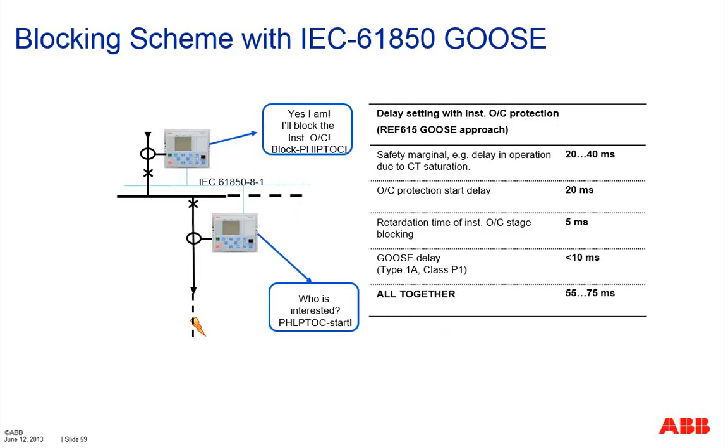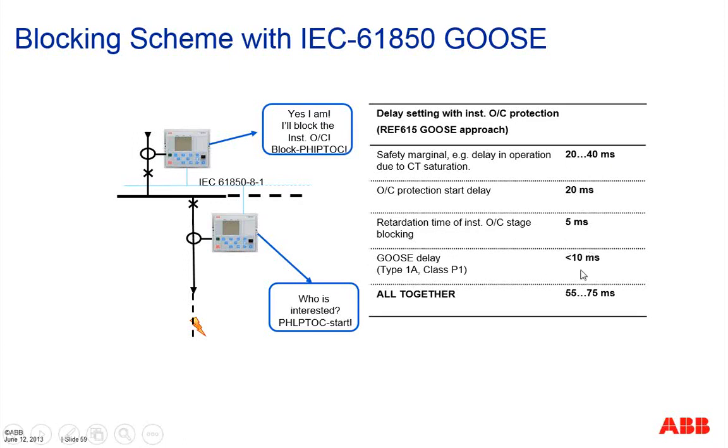The consideration is still the same. However, because it's not hardwired, you don't go through the mechanical I/O module, the binary input and binary output modules. You don't need to wait for the debouncing time or the contact closing time. So relatively, you can reduce the delay.